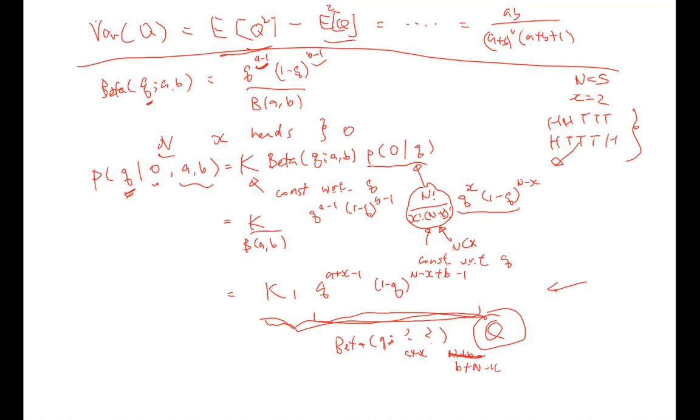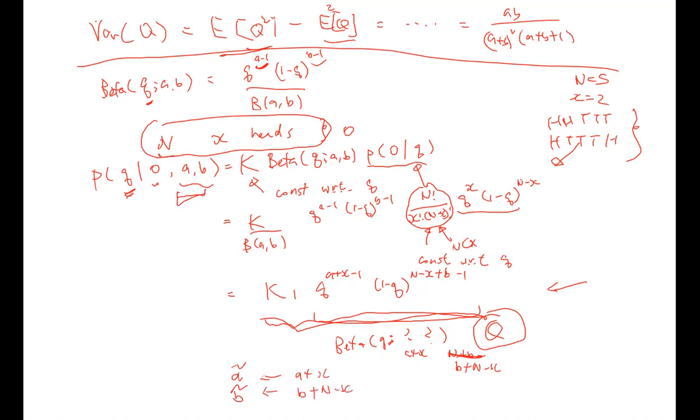What's happening is, if we start with a beta prior with a and b, then after the observation of n tosses with x heads, my new a will be a plus x, and my new b will be b plus n minus x.